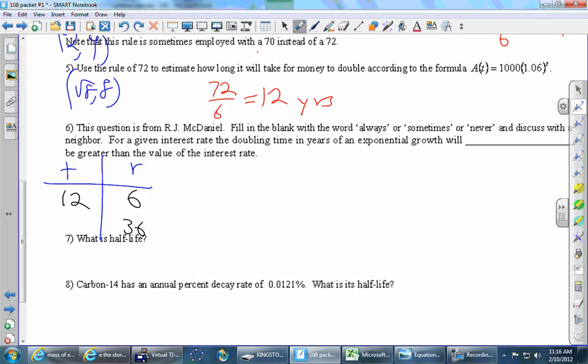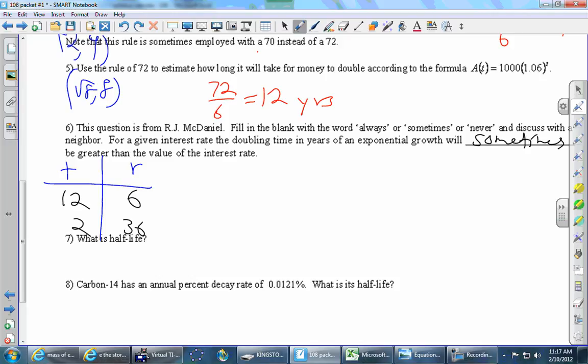If the interest rate is 36%, how long does it take for your money to double? It will take you 2 years. Now which one is greater? R is greater. So it is sometimes greater, right? Depends on what the interest rate is.